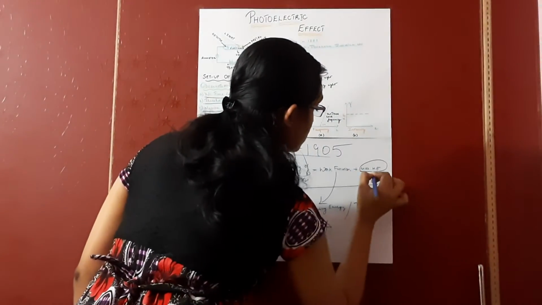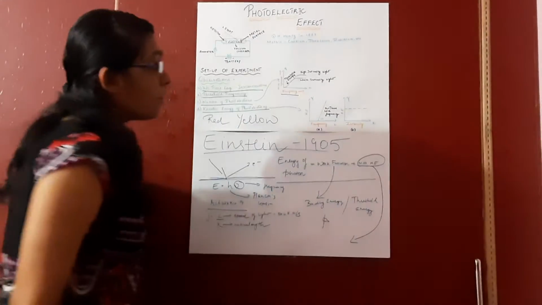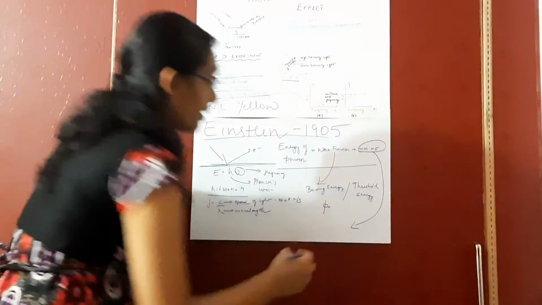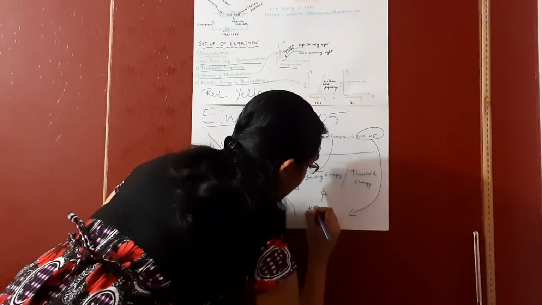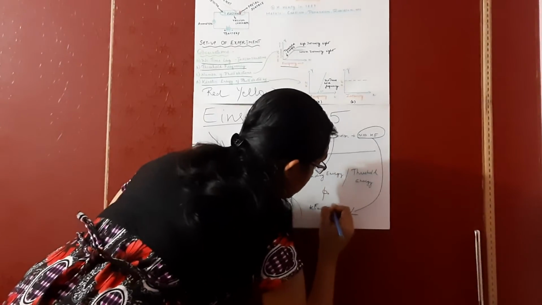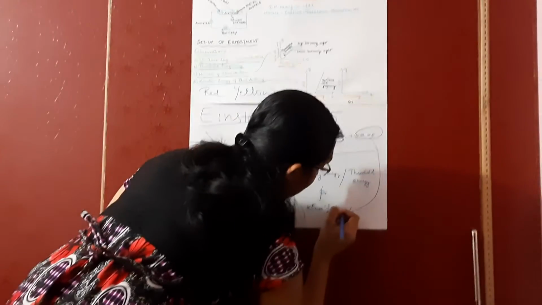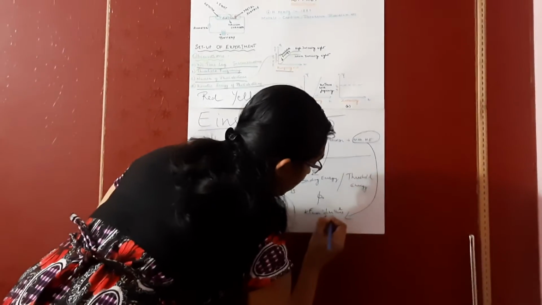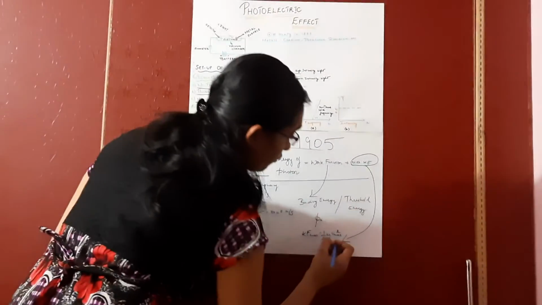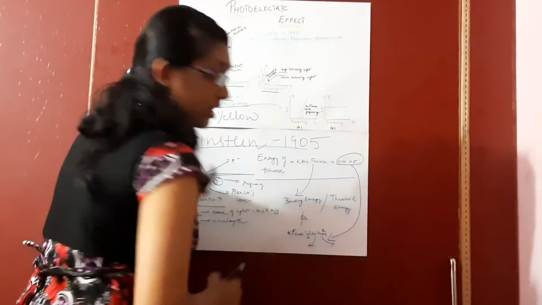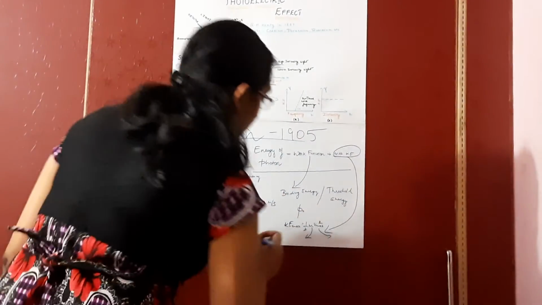And next is the maximum kinetic energy. Maximum kinetic energy can be represented as KE max is equal to half m v max squared, where m is the mass of the electron and v is the velocity.